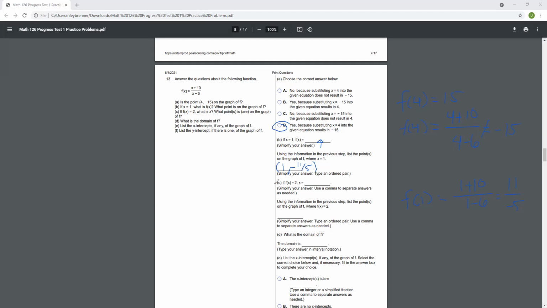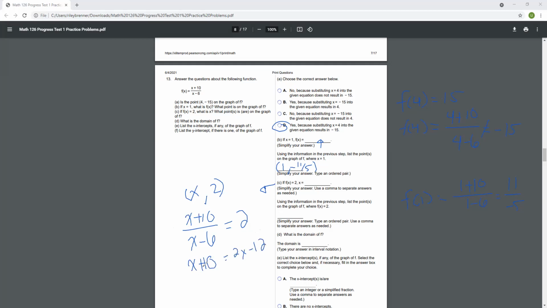Sometimes I like to think about this in terms of some kind of point. I know that there may or may not be some x values such that my function equals 2. And then I would take x plus 10 over x minus 6 and set that equal to 2. And then I need to find the associated x value. Just as a reminder, we would multiply x minus 6 onto both sides. So we get x plus 10 is equal to 2x minus 12.